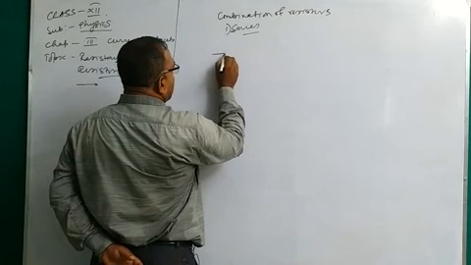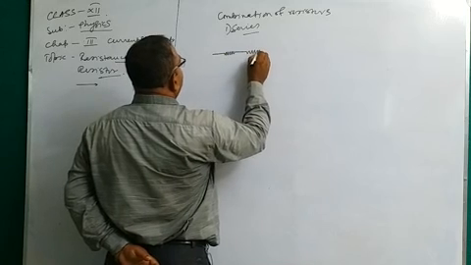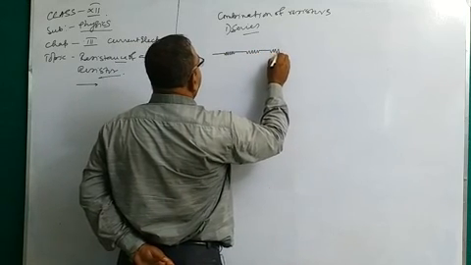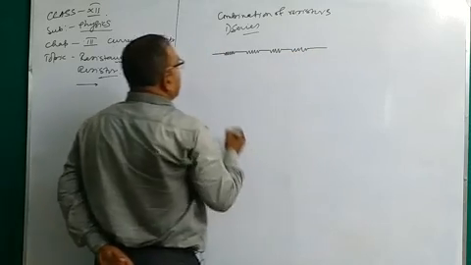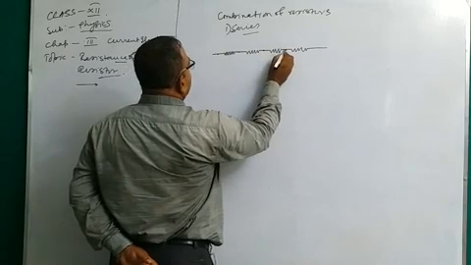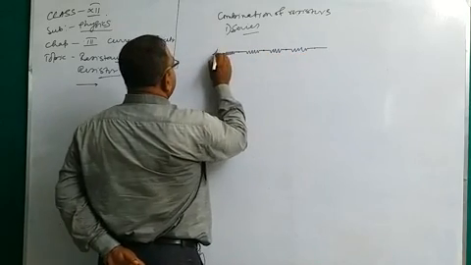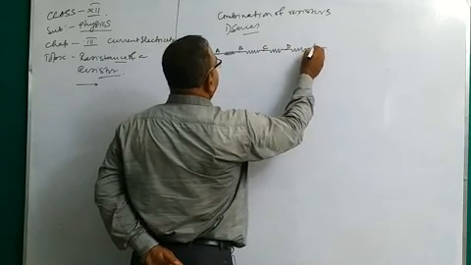Suppose the symbol is this. If you join them, left hand and right hand, left hand and right hand, left hand and right hand, that time this is the series connection. This is A, that is B, C and D and E, and so on.